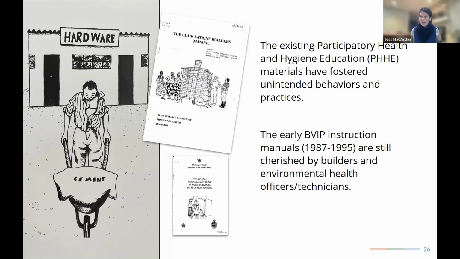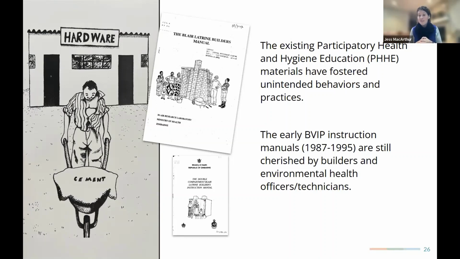And so this picture has really ingrained in the psyche of many rural Zimbabweans: when you go to the hardware shop, all you need is 1 bag of cement. And that means that some of the other important pieces, such as roofing materials, which can be made from cement, but often are not, are missing. Similarly, vent pipes, which can be made from cement, but often are not, are also often missing.